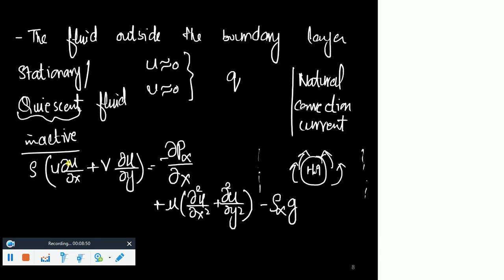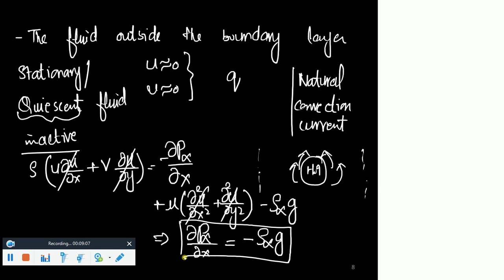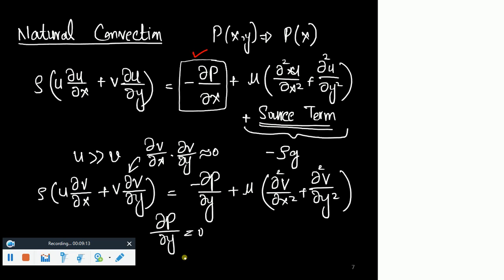So all of those terms would be gone, right? And what you get out of it is partial p infinity by partial x equals what? Minus rho infinity g. From the previous equation, you understand that p is just a function of x.